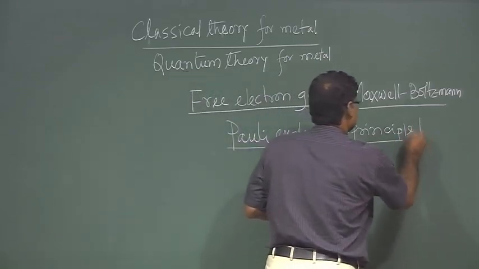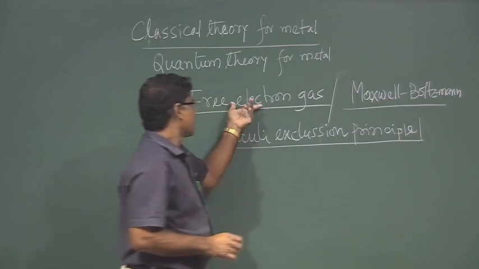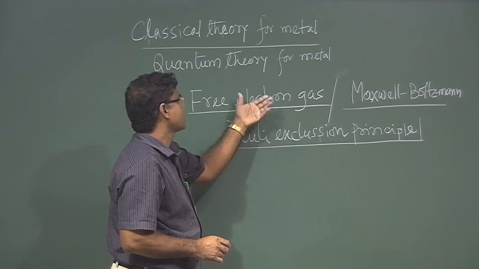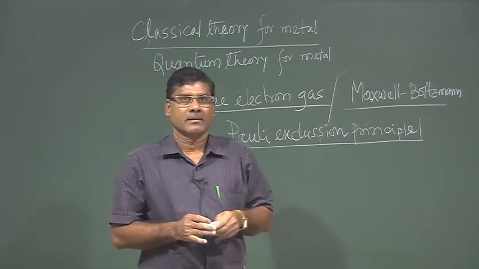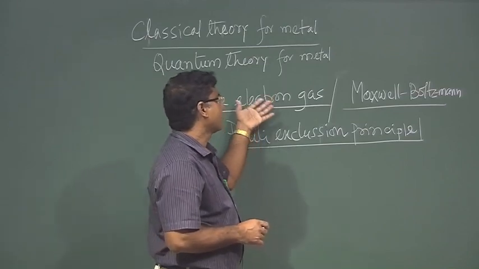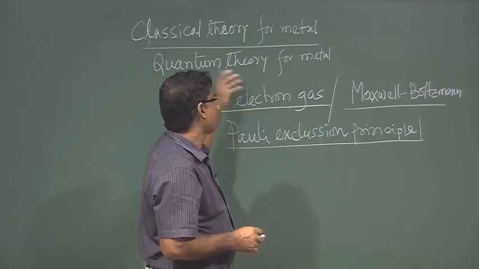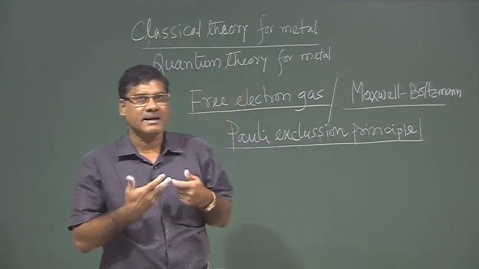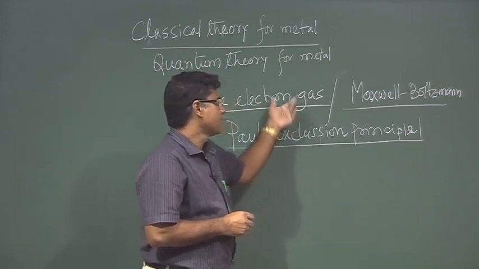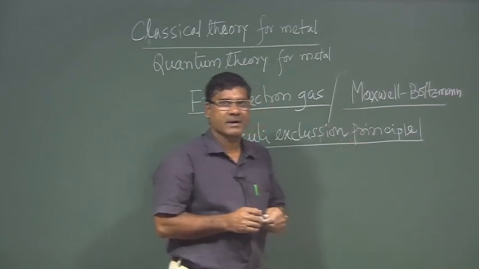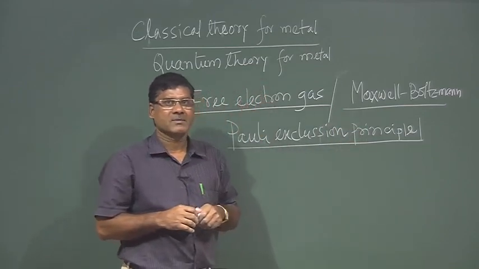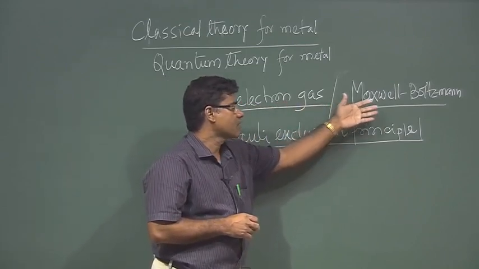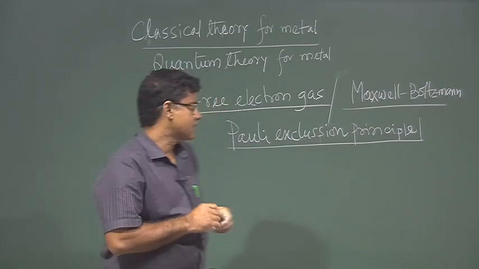In this free electron gas, these electrons are treated just like gas particles, and all electrons can be put in one energy level, or as many electrons as one wants. That is not allowed, because it is not a gas particle, it is an electron. So, it will not follow the Maxwell-Boltzmann distribution statistics.